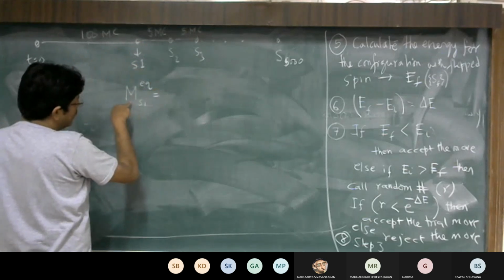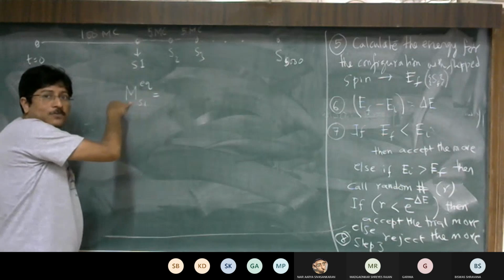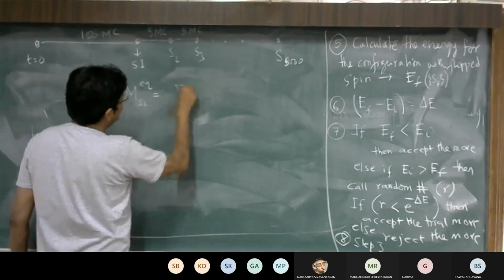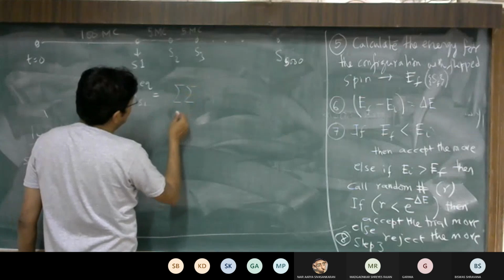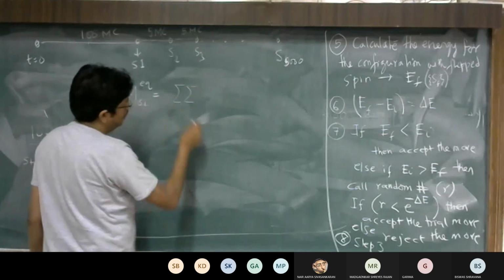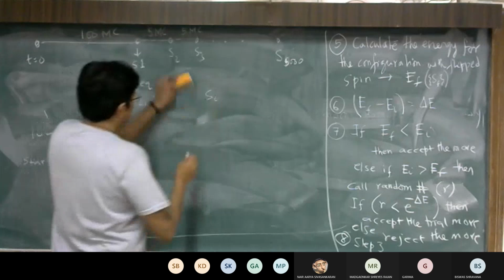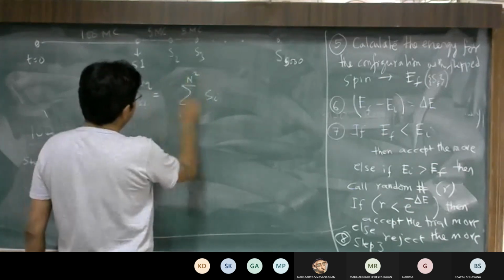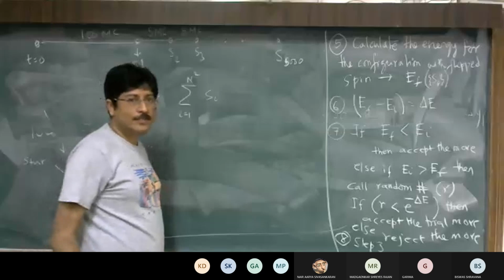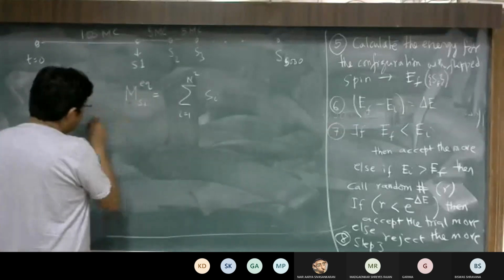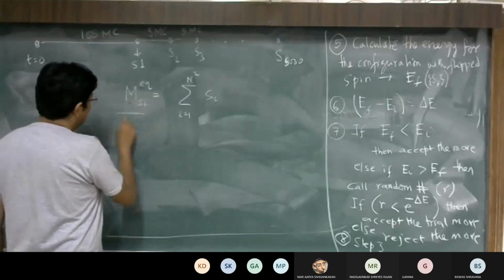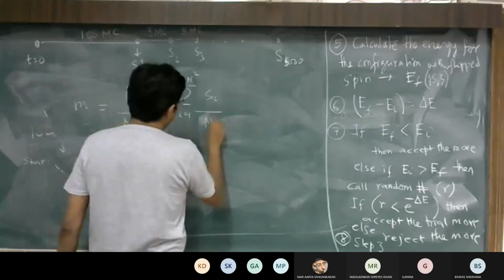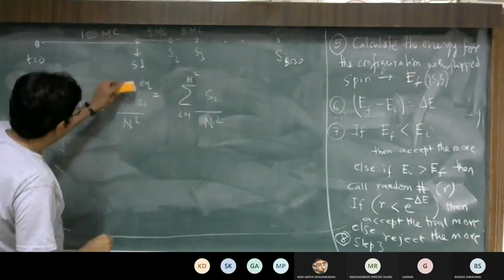So the magnetization that I calculate for this sample would be the equilibrium magnetization, and all I have to do is sum over all the different spin states. There are N squared spins, and this would give me the total magnetization for the system. If I'm asking for the magnetization per spin, which I denote by small m, you would have to divide by N squared. This is for a sample.